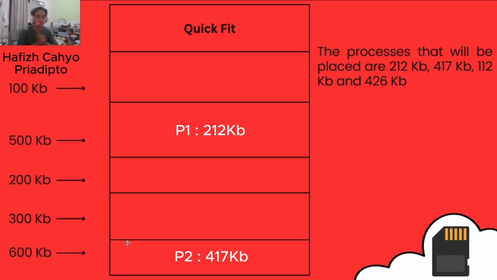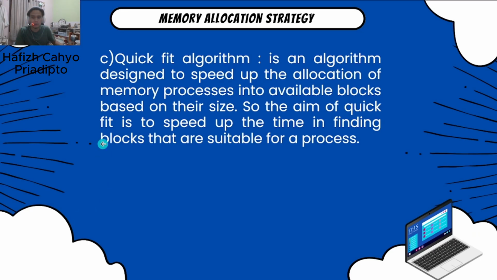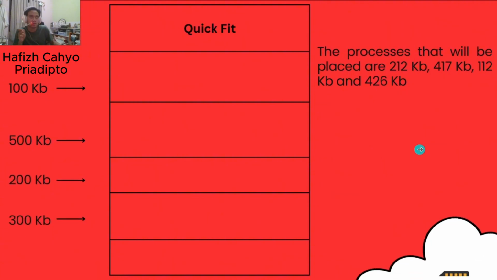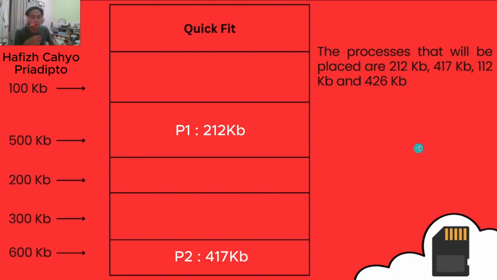Like the name, quick fit, like before, is an algorithm designed to speed up the allocation of memory processes into available blocks based on their size. So the aim of quick fit is to speed up the time in finding blocks that are suitable for the process. There's no need to check one by one like first fit or next fit.